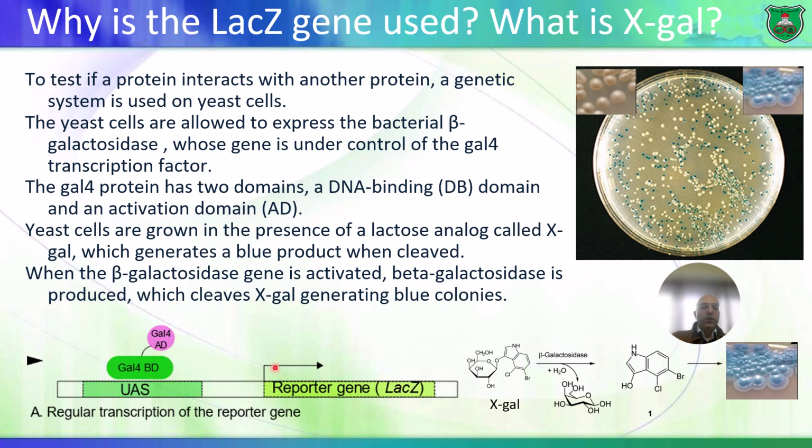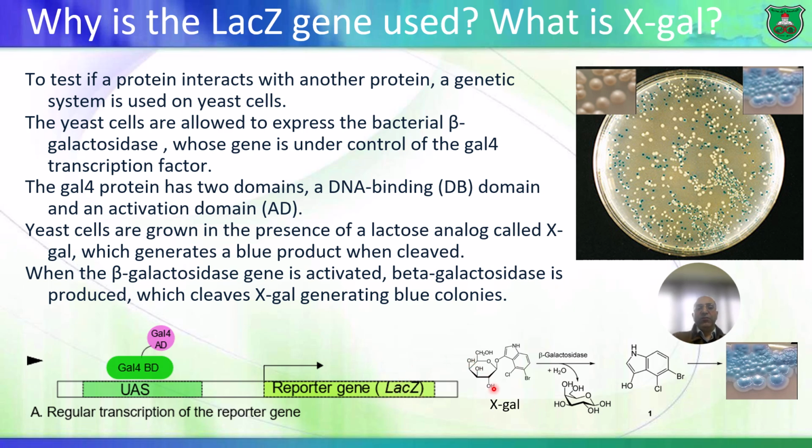Again, the reporter gene is now under control of the UAS genetic system. The UAS system or element is the binding site of the GAL4 transcription factor, which has a DNA binding domain and an activation domain. If GAL4 binds to UAS, then we have expression of the reporter gene by the RNA polymerase, and then translation of the messenger RNA into beta-galactosidase.